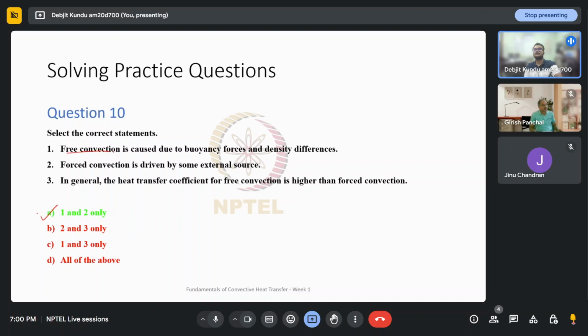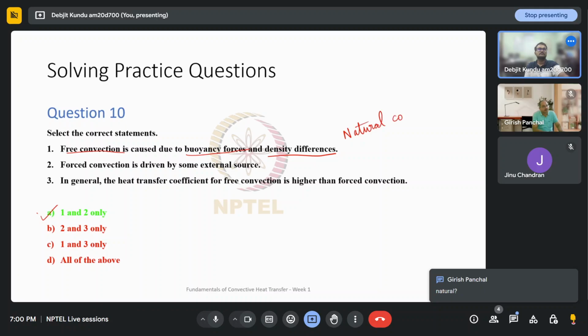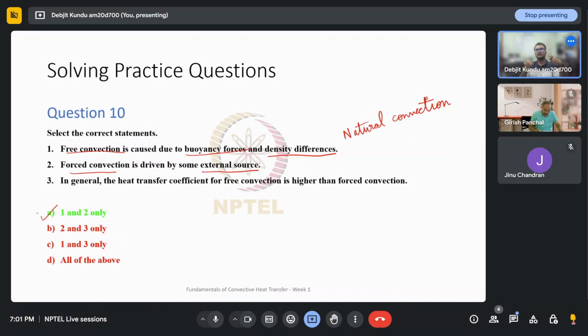So free convection is indeed caused due to buoyancy forces and density differences. So free convection has another name. Can anyone tell me what it is? Natural convection, correct. And there is forced convection as well, in which some external source is driving the fluid flow, which is causing convection to occur.